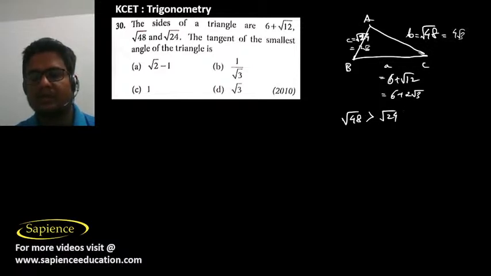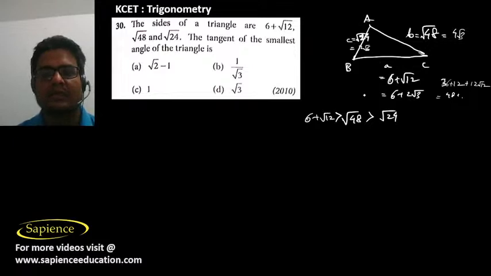And 6 plus root 12, if we square it, this will be 36 plus 12 plus 2 into 6 into root 12, that is 48 plus this. So this 6 plus root 12 will be obviously greater than these three.